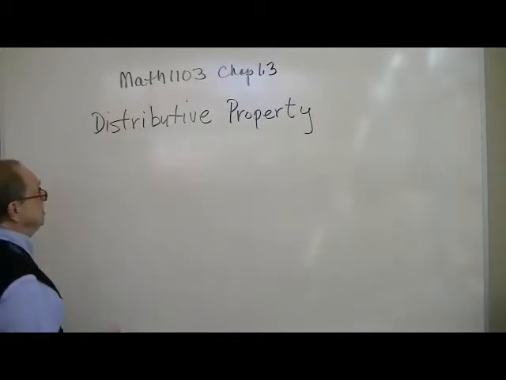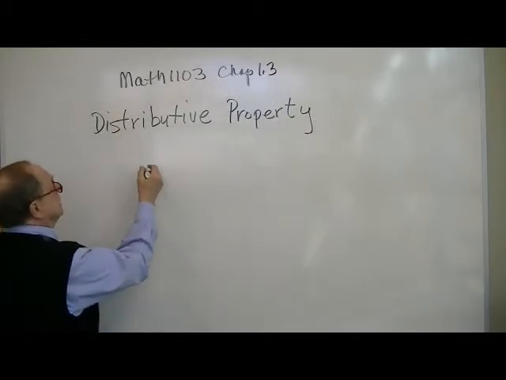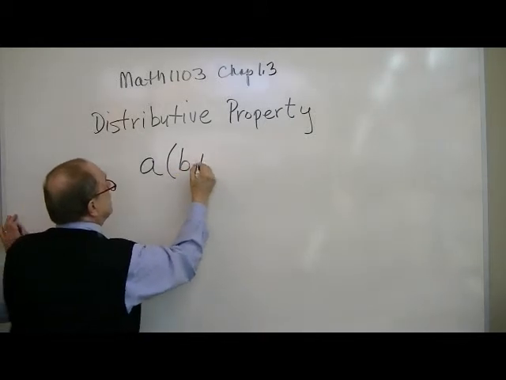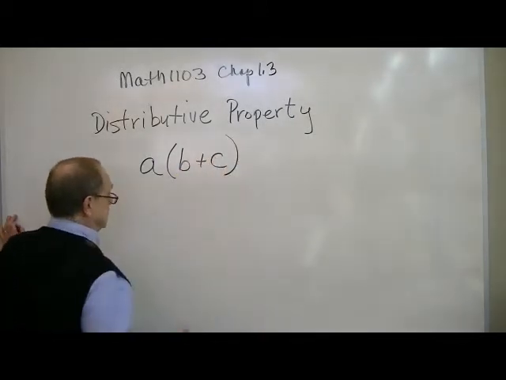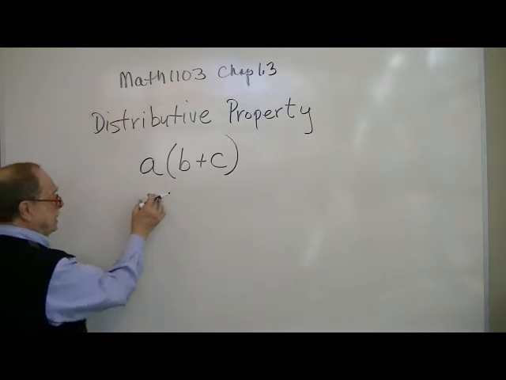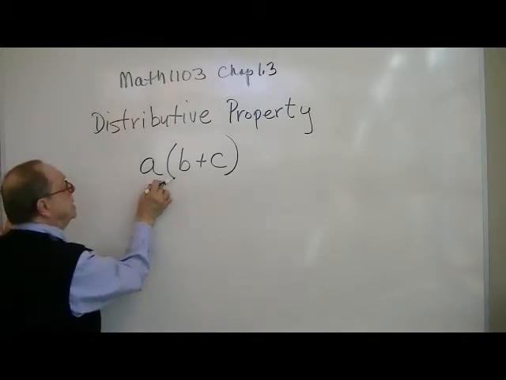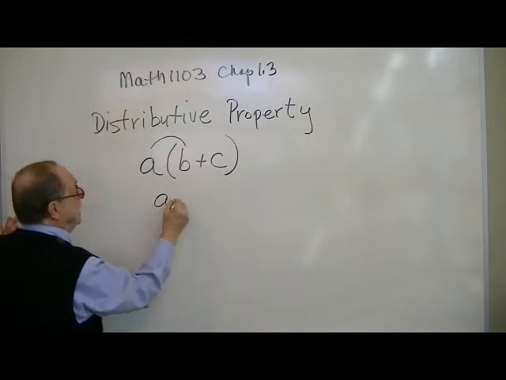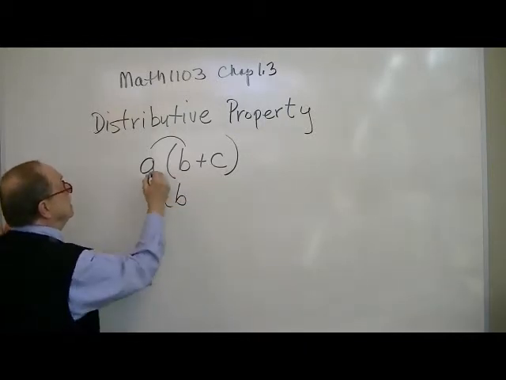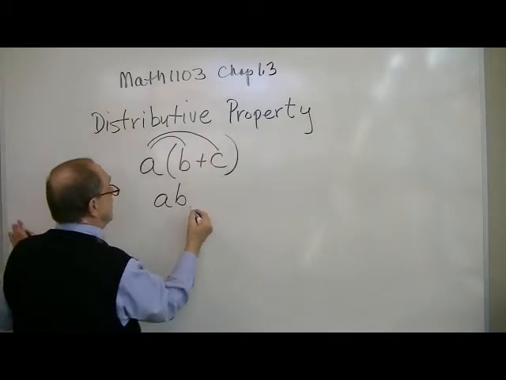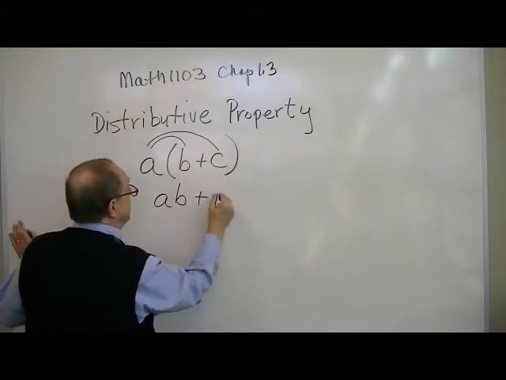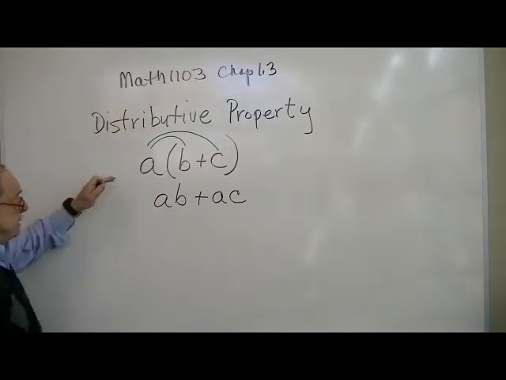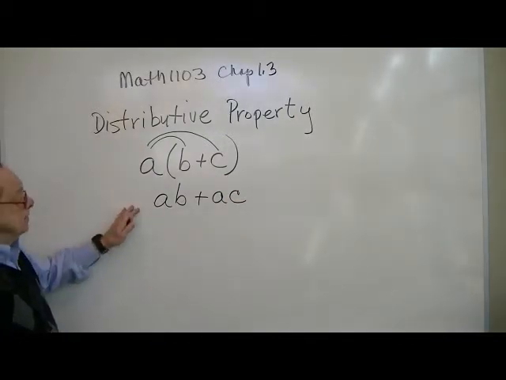Now in the distributive property, it starts off looking like this. And here we take the A and multiply it by B, and we get AB. We take the A and multiply it by C, and we get AC. This is the distributive property.